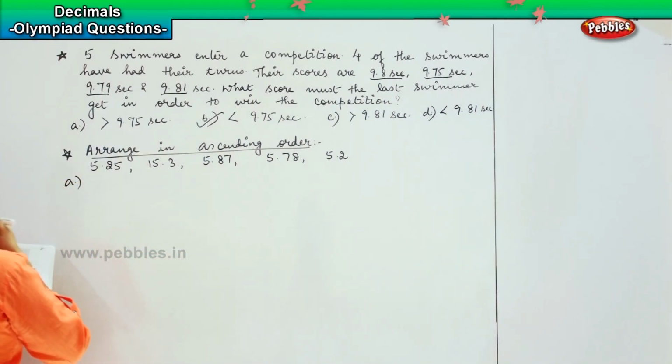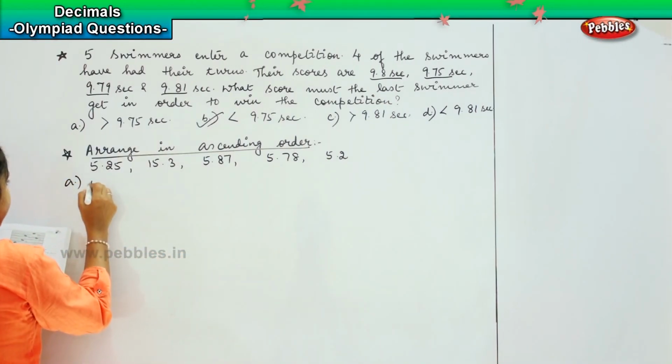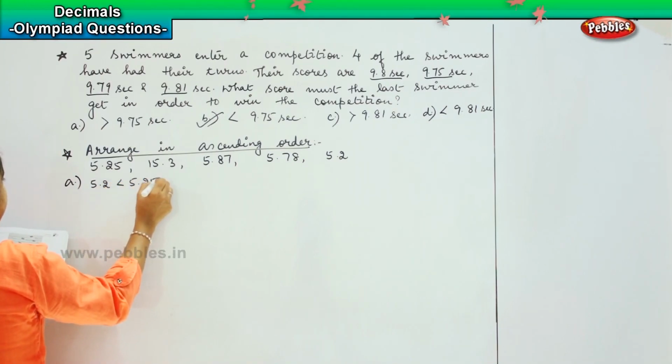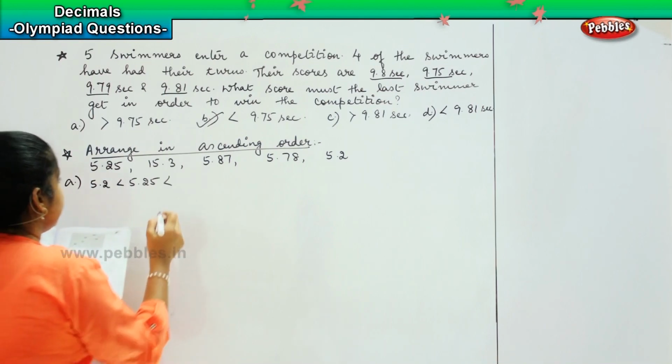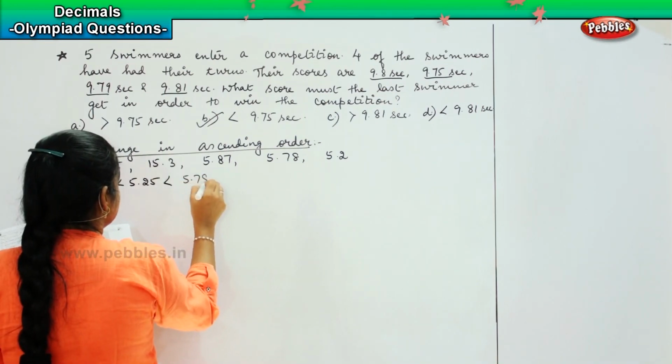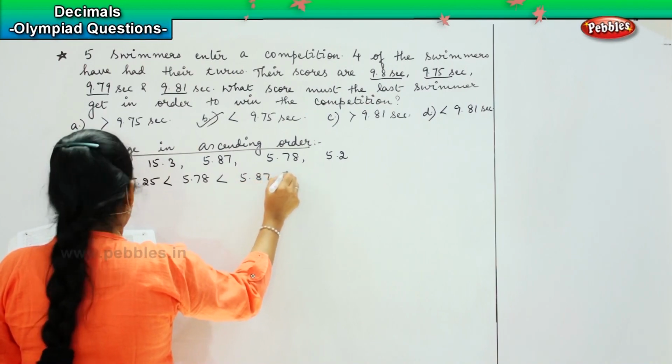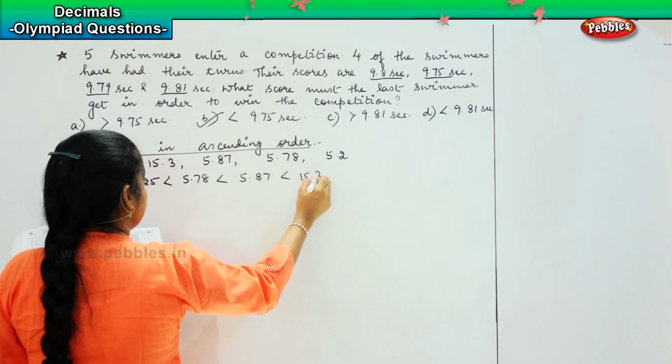The options are: 5.2 is less than 5.25, is less than 5.78, is less than 5.87, is less than 15.3.